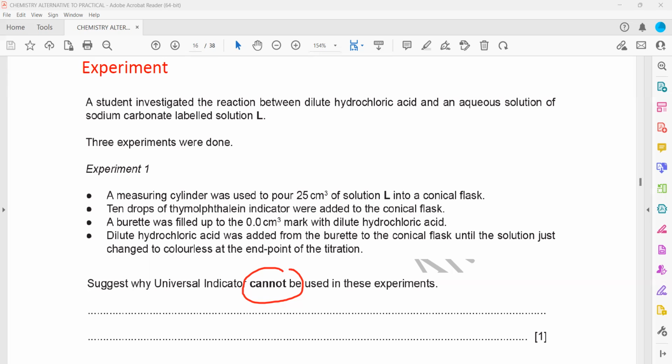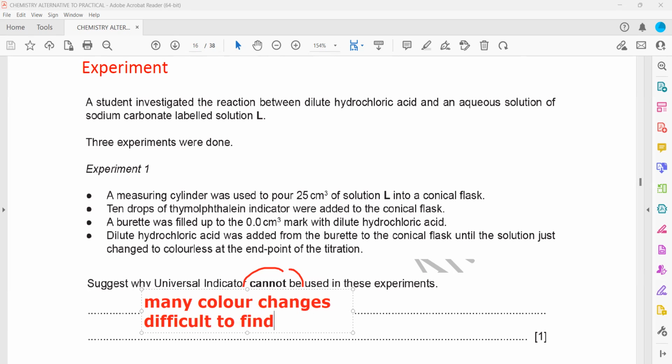So it will be difficult to find the endpoint. Is it clear, this one? Yes, sir.